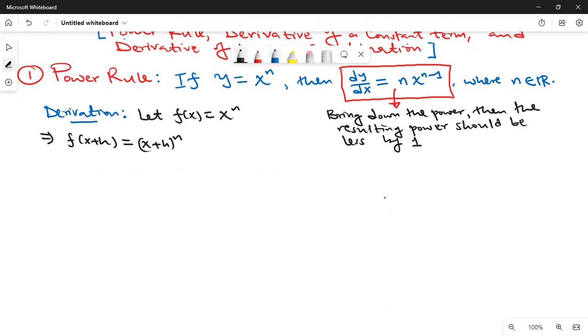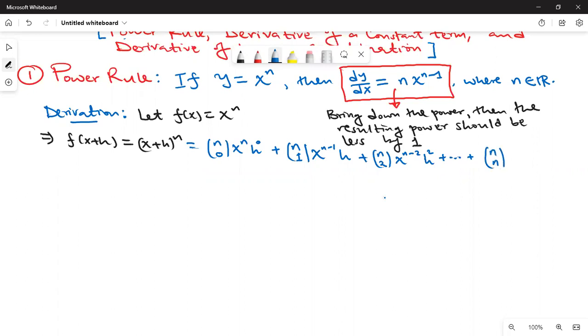And if I expand this using binomial expansion, this is the same as n combination 0, x raised to n, h raised to 0, plus n combination 1, x raised to n minus 1, times h raised to 1, plus n combination 2, x raised to n minus 2, h squared, plus so many other terms, plus the last one will be n combination n, x raised to 0, h raised to n.